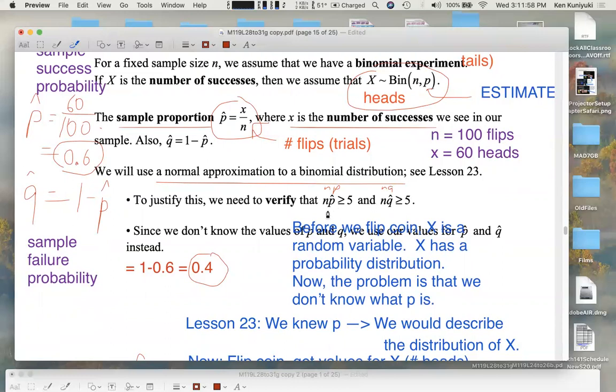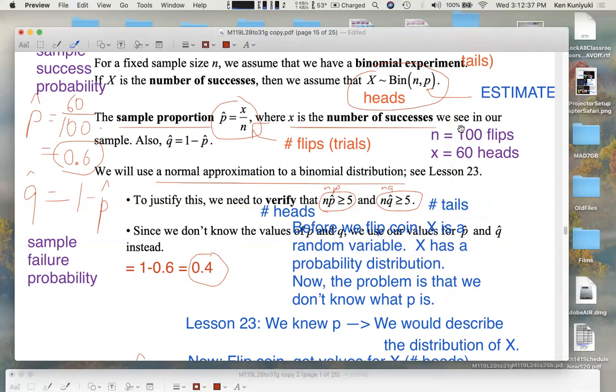So instead, we're going to use P hat, the sample proportion or probability, instead of P, and Q hat, the sample failure proportion, instead of Q. So to verify that we can use the normal approximation, we're going to show that n P hat is at least 5 and n Q hat is at least 5. It turns out, as I'll discuss later on, n P hat is just the number of successes, the number of heads, and n Q hat is the number of failures, the number of tails. So it's easy to count.